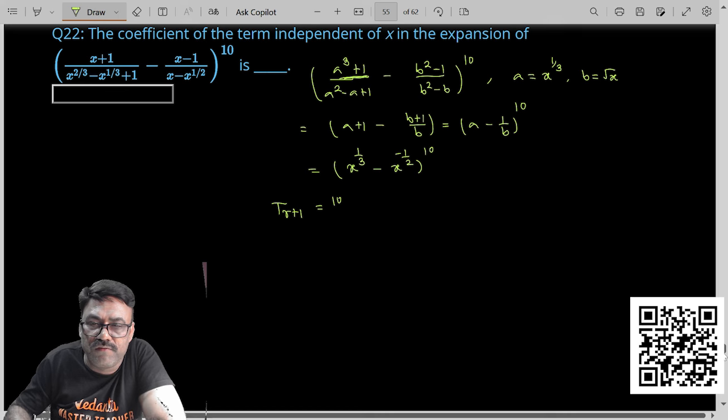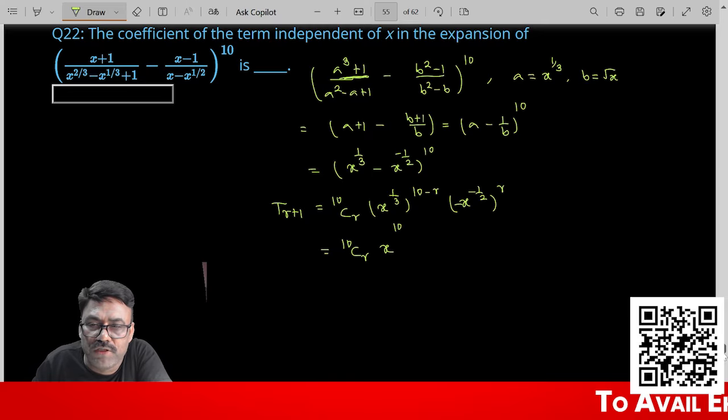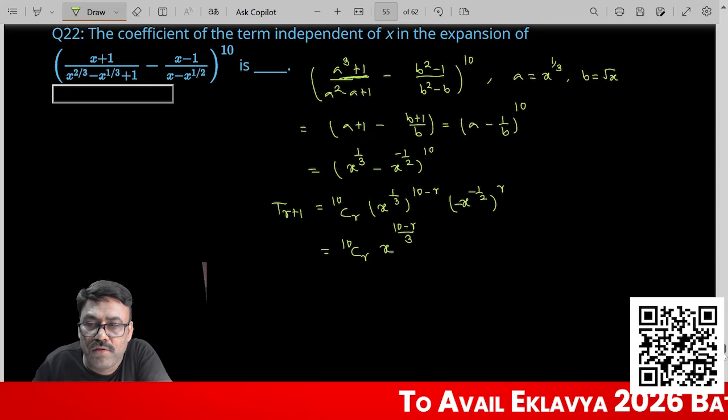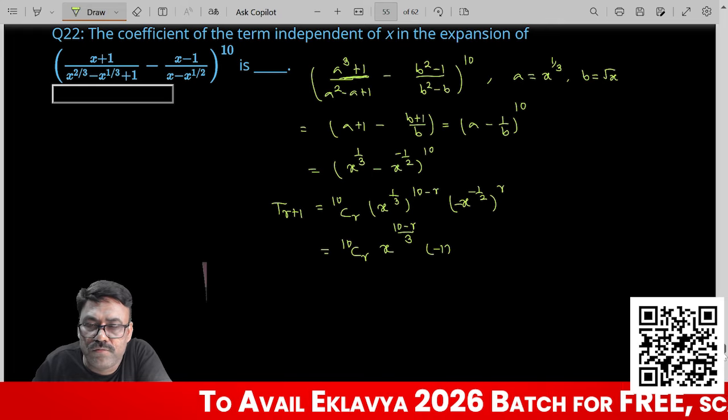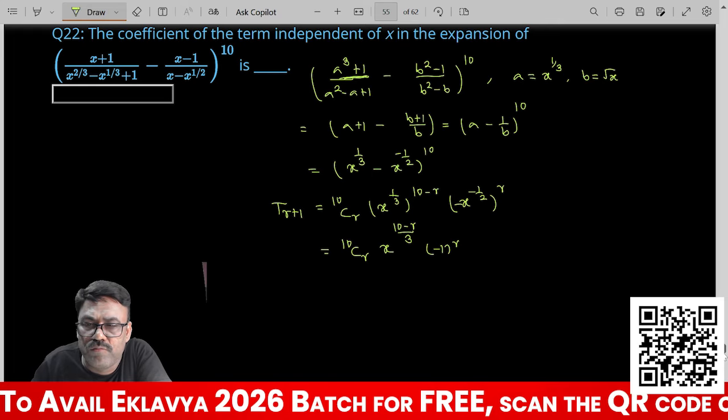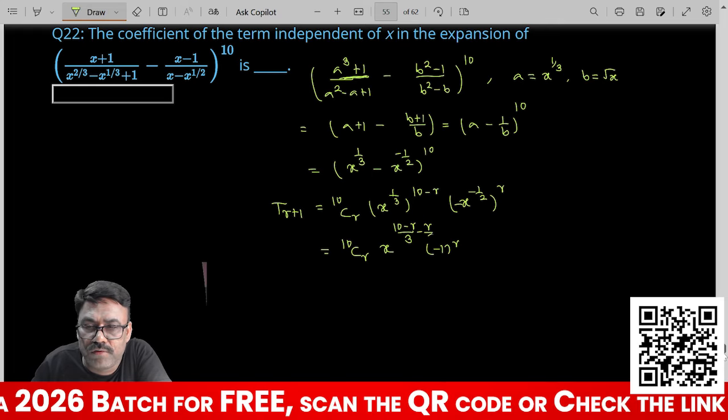That will be 10Cr, x raised to 1 by 3 whole raised to 10 minus r, and then x raised to minus half with the minus sign here, whole raised to r. So this gives you 10Cr x raised to 10 minus r by 3, and then minus 1 raised to r and x raised to minus r by 2.